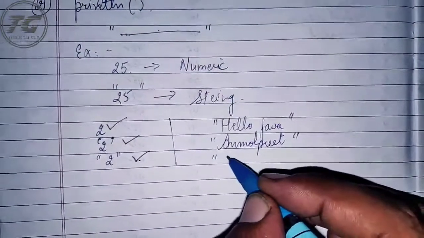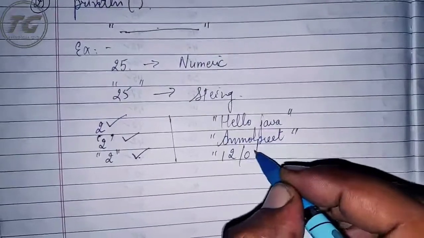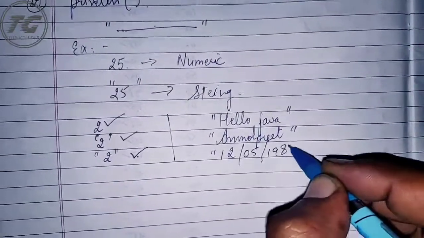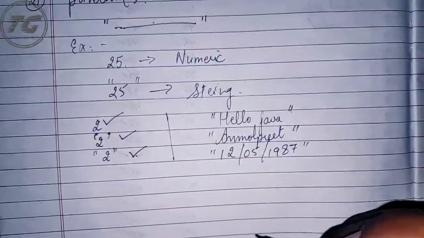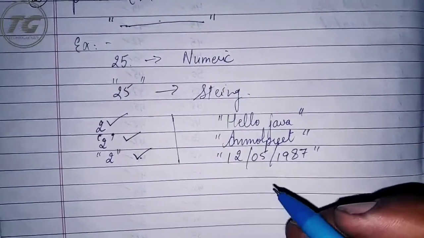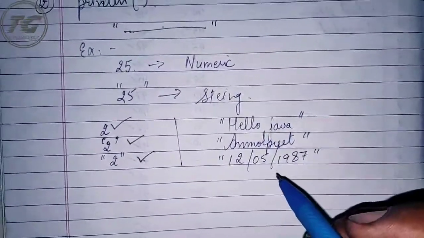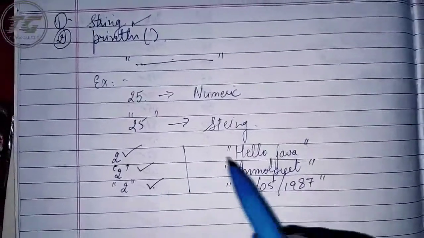You have written the date of birth of someone, this is also a string. So anything that is enclosed within double quotes is called a string in Java.